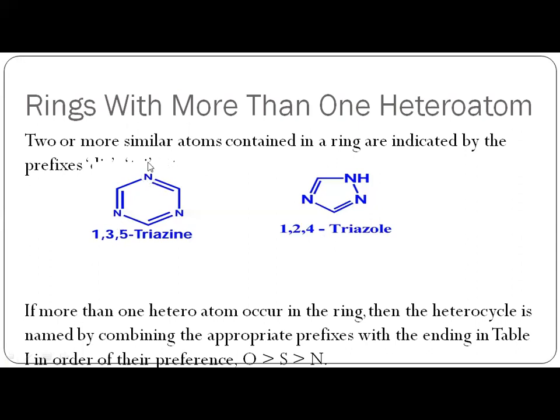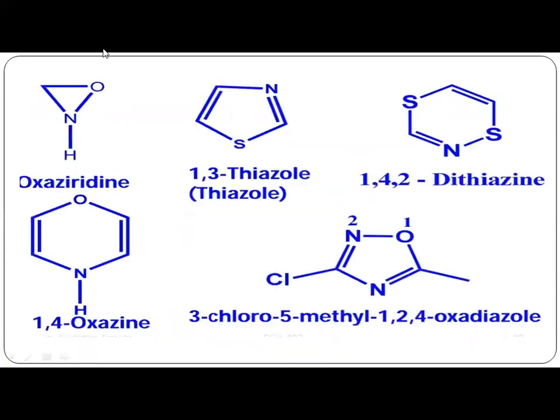Here there are all the same nitrogen atoms, only nitrogen, so we are writing it like that. But if your ring has 3 different heteroatoms, then which one will you prefer first? We have to see that. So first we will prefer oxygen, second is sulfur, and third is nitrogen. Okay, let's see some examples for that.